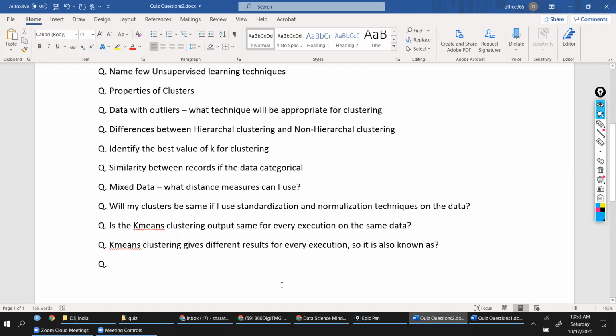Okay, next. Why is clustering useful? Or in what ways it is useful? Minimizing the rows? No, not really. That's not the appropriate answer. But what is the advantage of that?